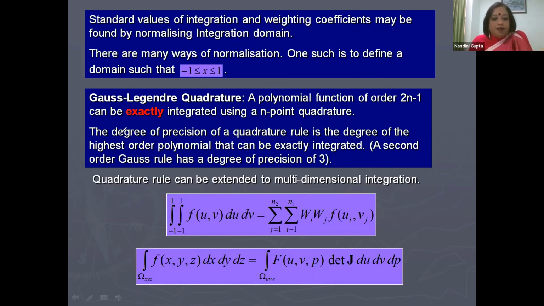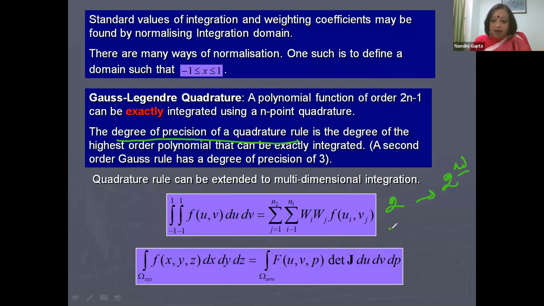I also define here something called the degree of precision of a quadrature rule. The degree of precision of a quadrature rule is the degree of the highest order polynomial that can be exactly integrated. Which means that if you use 2-point quadrature, as we have just seen, we can exactly integrate a second order polynomial.